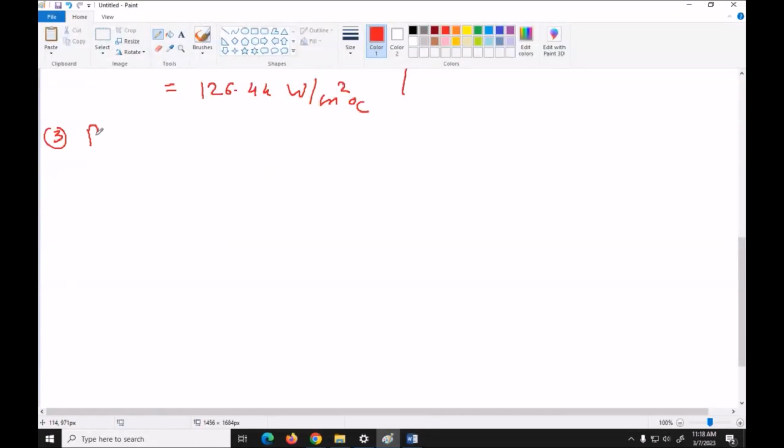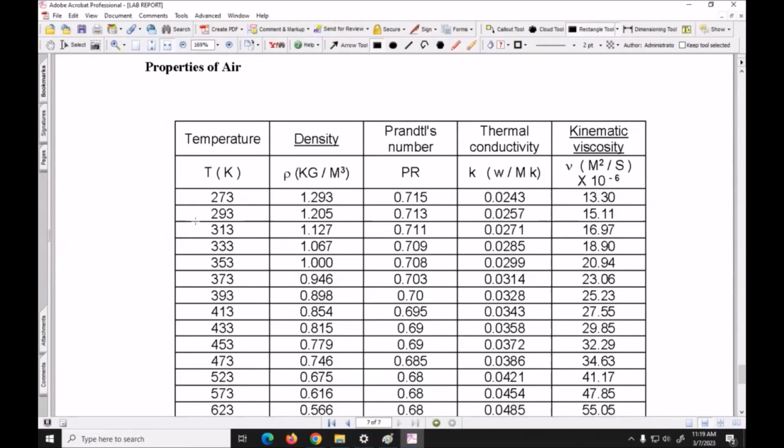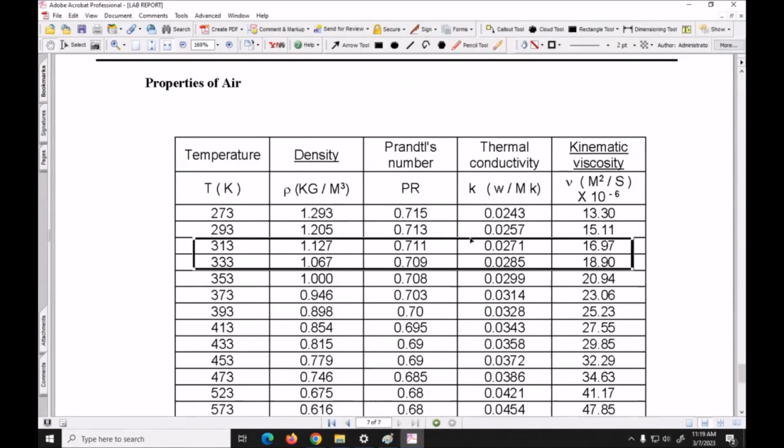Number 3, properties of air at T average is equal to (TH plus TA) by 2. So put the values, go to the table and find out the properties. Our temperature lies around 320, in between.